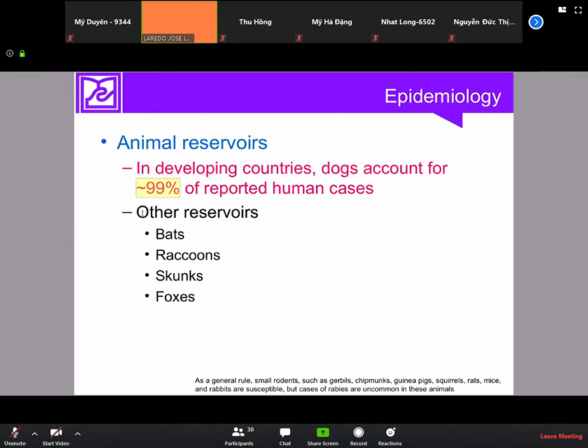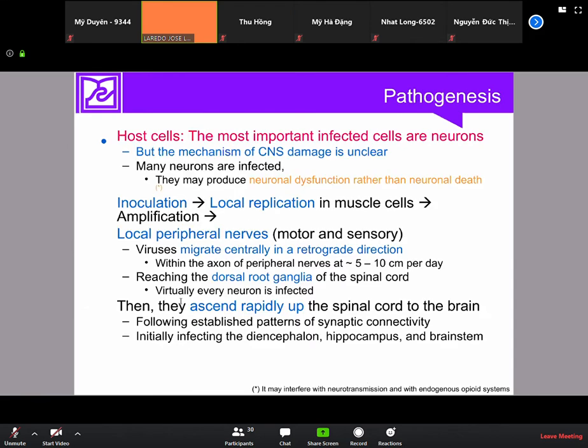But rabies is also found in other animals like bats, raccoons, skunks, foxes, monkeys, rats, many different animals may transmit rabies. The pathogenesis of rabies is very complicated. I am going to try to explain firstly in the whiteboard and later with a picture.